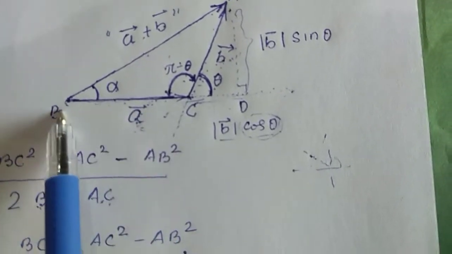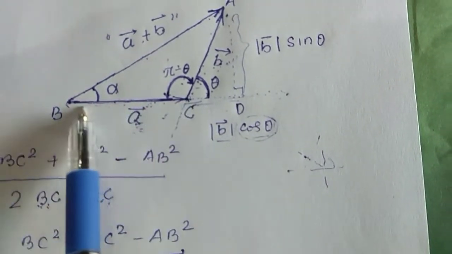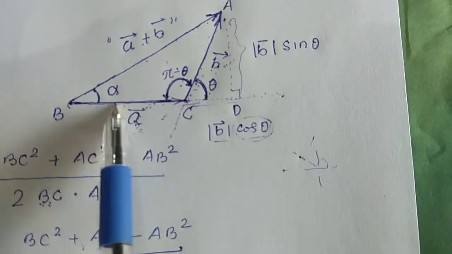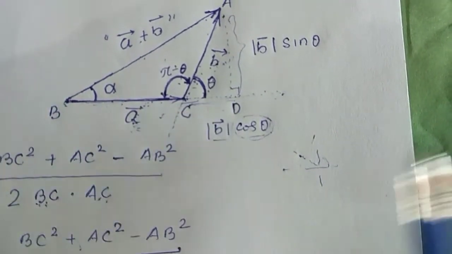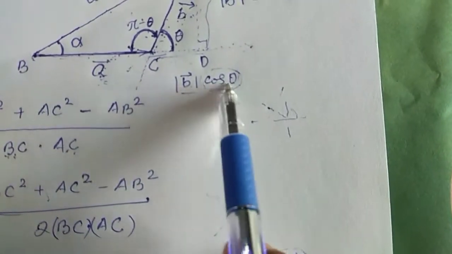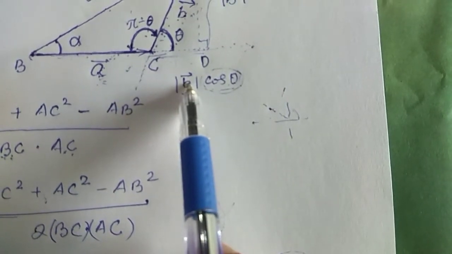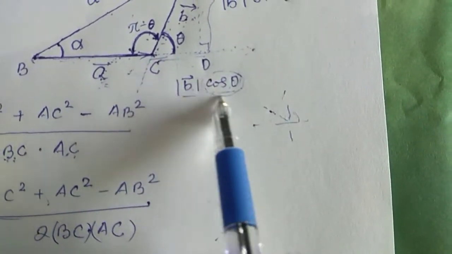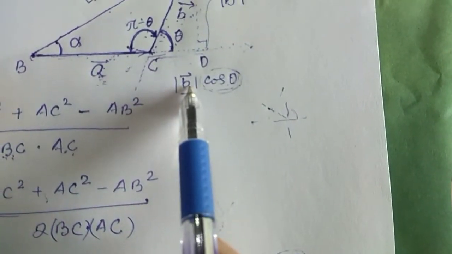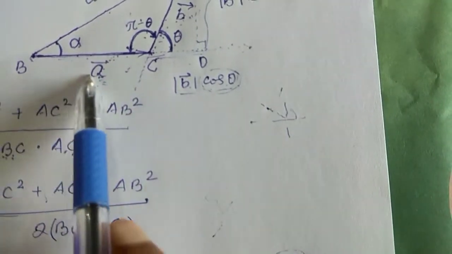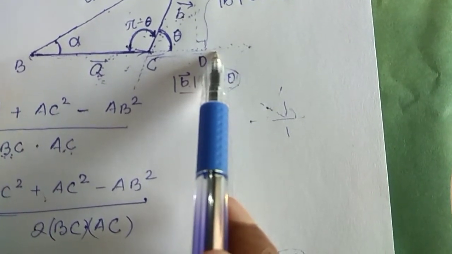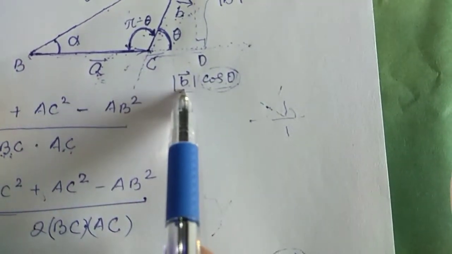You see here BC has physical length equal to mod of A, and CD has length mod of B cos theta. Because cos theta is dimensionless, CD has the same dimension as B, and A and B are of the same dimension.